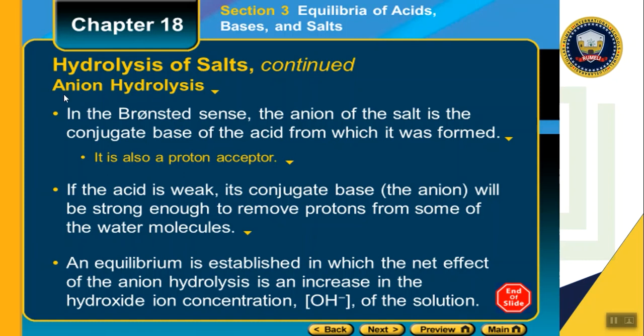Anion hydrolysis, these anions come from the weak acids. The anion of the salt is the conjugate base of the acid from which it was formed, as mentioned before. It is also a proton acceptor. If the acid is weak, its conjugate base, which is the anion, will be strong enough to remove protons from some of the water molecules, like in this slide.